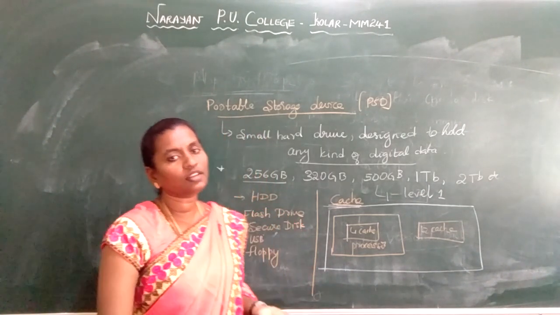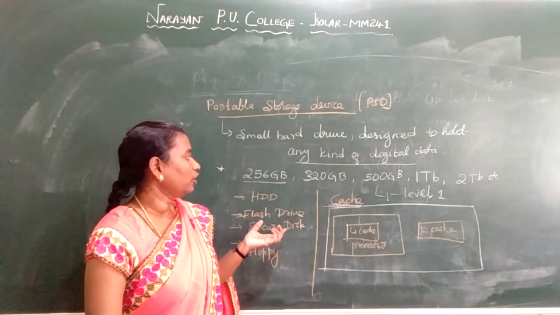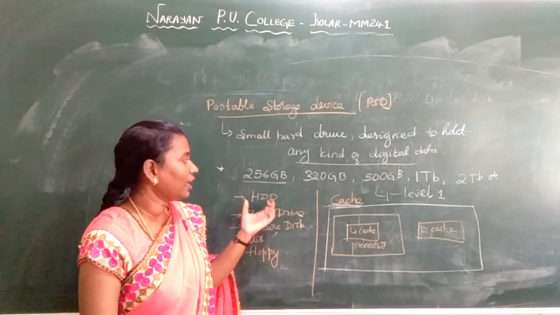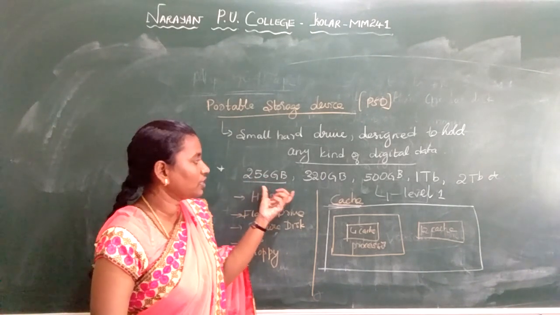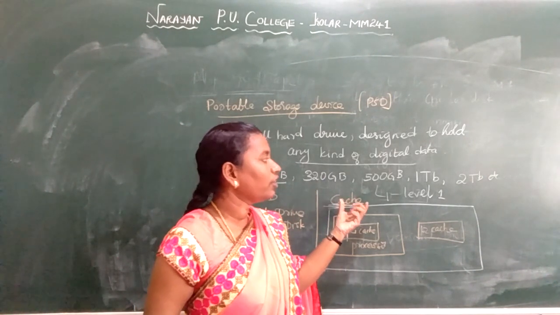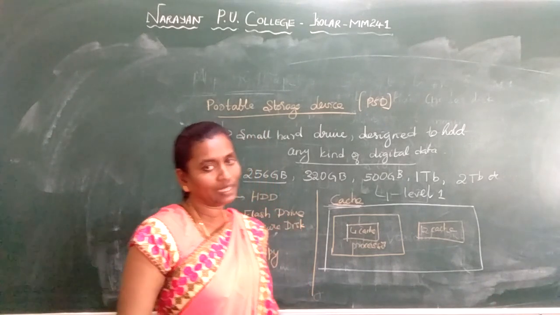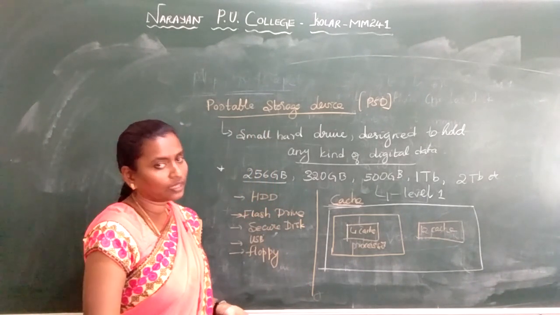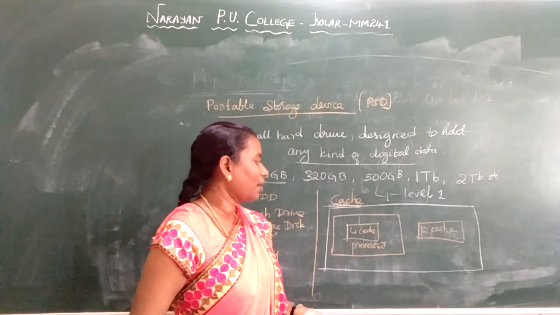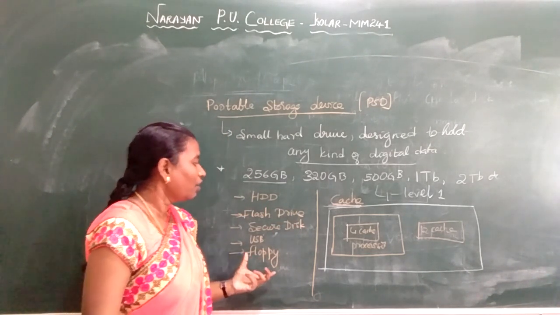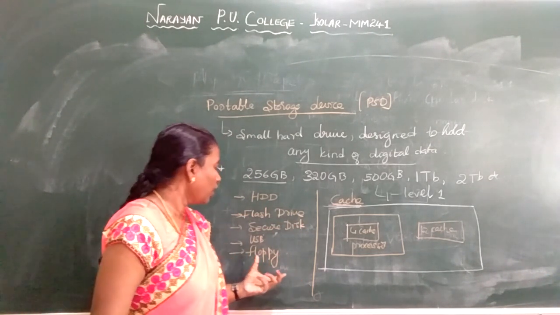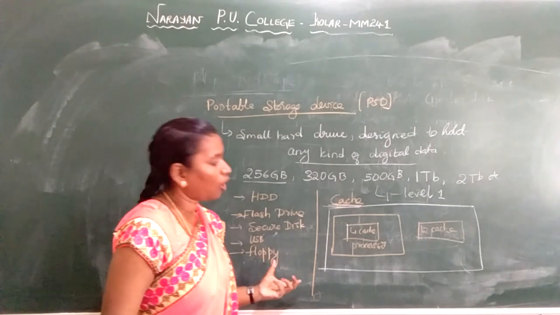The capacity of PST is 256 GB, 320 GB, 500 GB, 1 TB and up to 2 TB. TB stands for terabyte, GB stands for gigabyte. Examples of portable storage devices: HDD, flash drive, secure disk drive, USBs, and floppy disk.